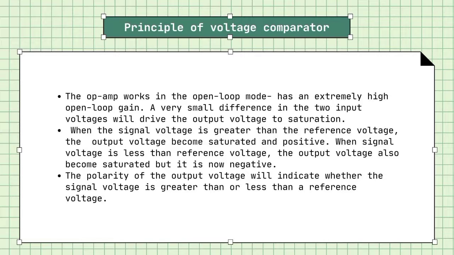Conversely, when the input voltage is less than the reference voltage, the output voltage also becomes saturated, but it is now negative. Hence, the polarity of the output voltage will indicate whether the signal voltage is greater than or less than a reference voltage.